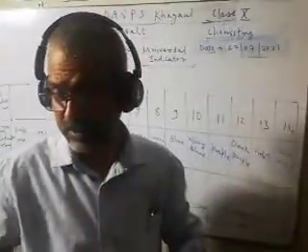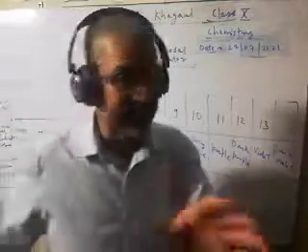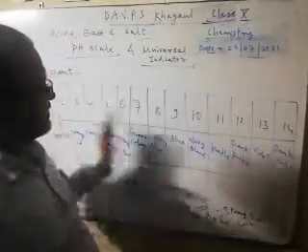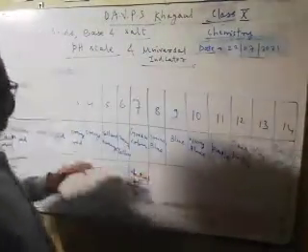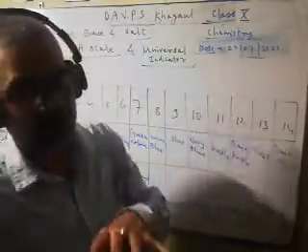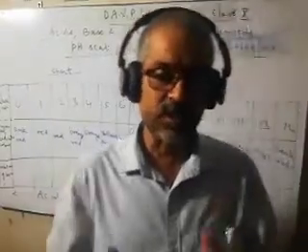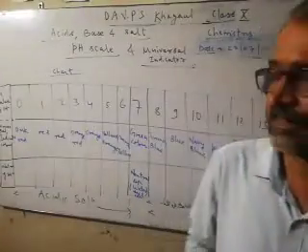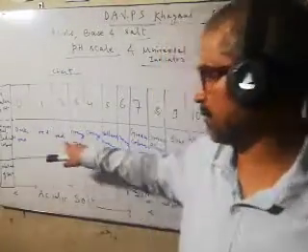It could be potassium hydroxide, it could be sodium hydroxide. So this is the comparison of the relative strength of any acidic and basic solution that we get from universal indicator paper.